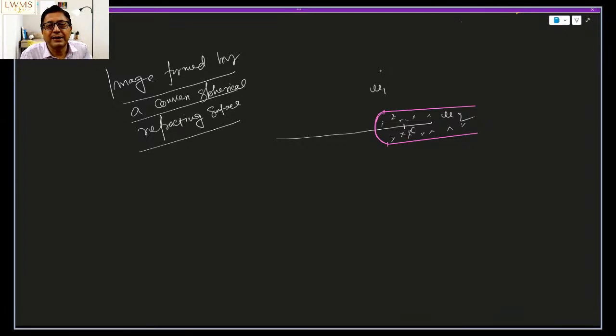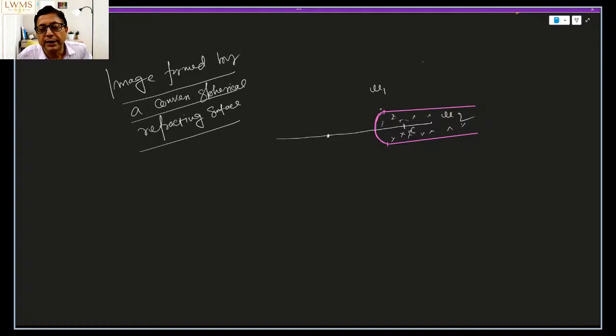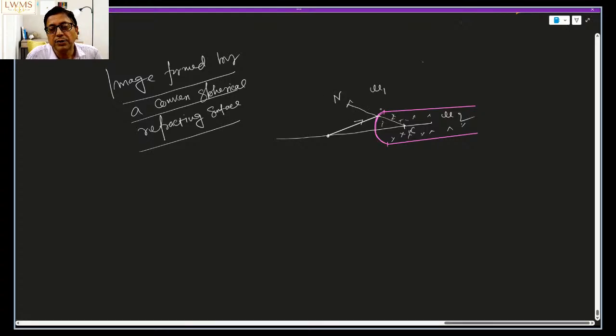When a ray of light enters from a point object, you take the point object here, a ray of light incident here, so it gets refracted. This is the normal.